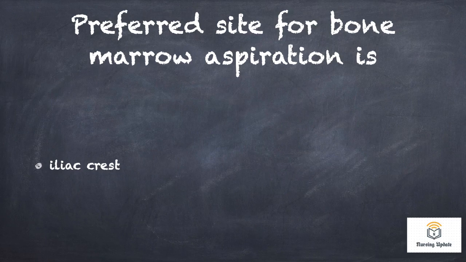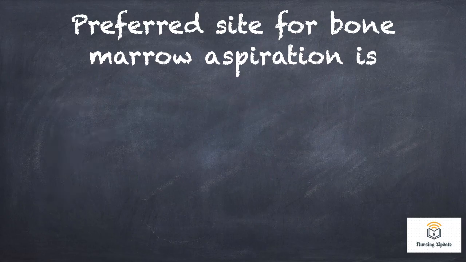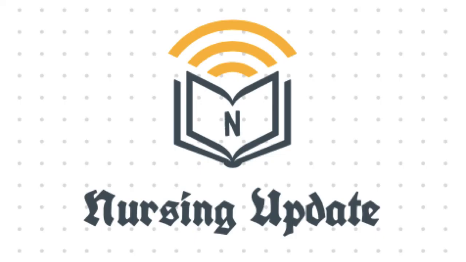Why is iliac crest preferred? Because there are not many vital organs. If you take other bone sites like femur or sternum or tibia, vital organs are there. If you take the sternum, the lungs and heart are there, so there are chances of puncturing the vital organs. But if you take the iliac crest, the chances of puncturing the vital organs are very low.